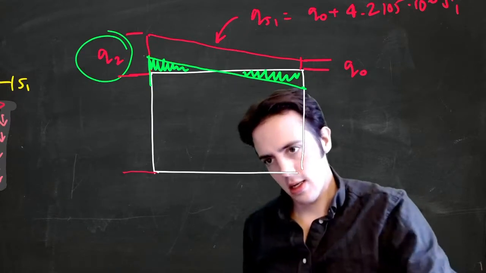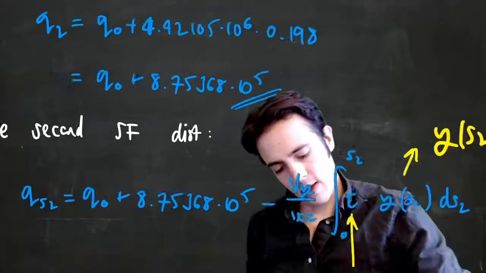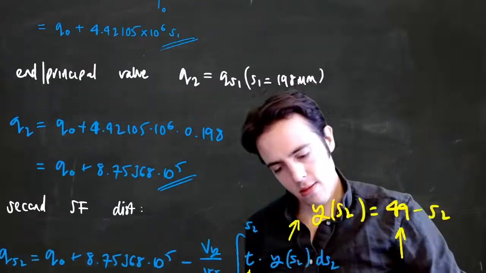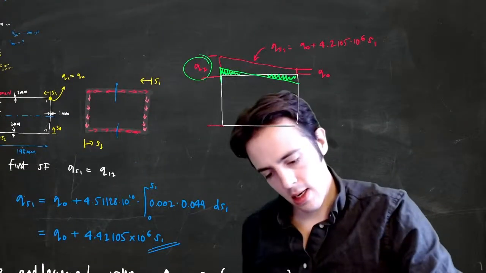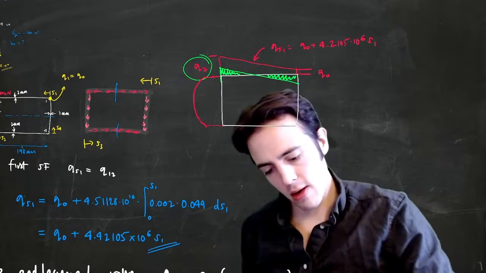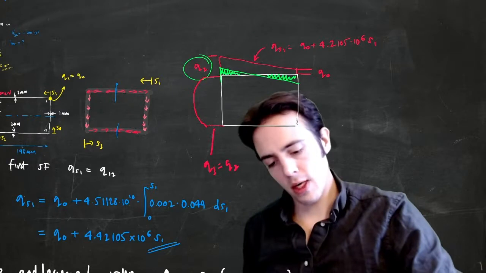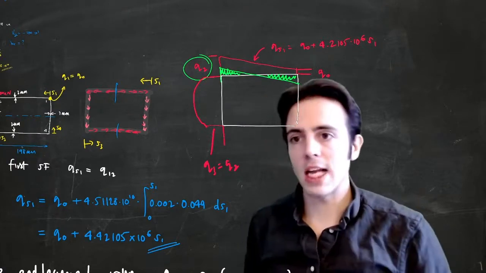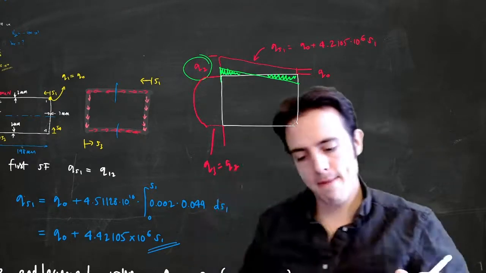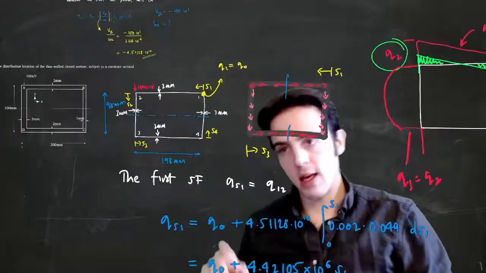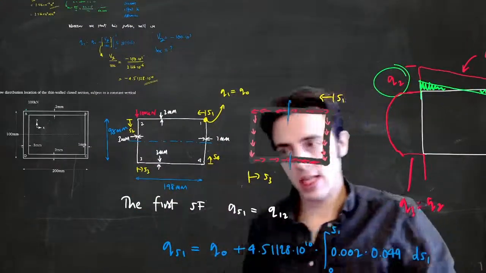Okay, let's just have a look at these. Yeah, it's going to be a quadratic distribution. Okay, so Q3 is equal to Q2, which is also going to be the starting value of the next distribution here. Okay, so the next distribution is S3. That's going to be the next one we're going to calculate.